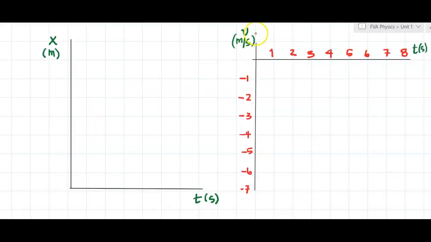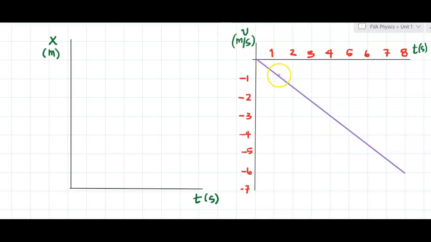Now again, velocities can be positive or negative. So this graph shows the negative side of the velocity graph. So let's say that we have a velocity that starts at 0, but the object is moving to the left and speeding up.